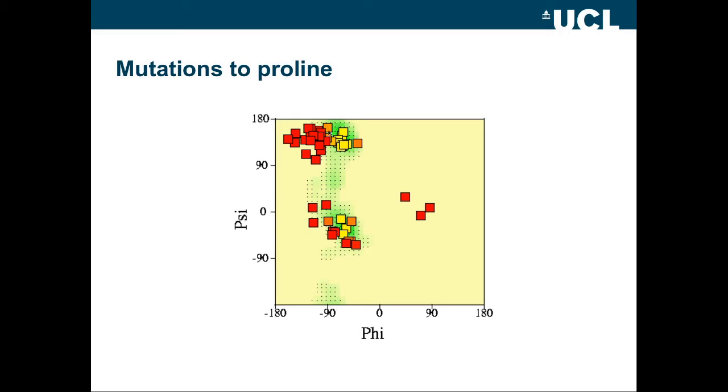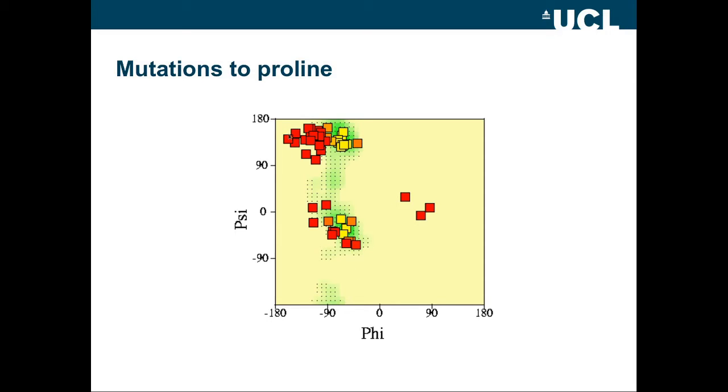Now these squares represent amino acids that are known to have been mutated to proline in P53 from cancer patients. The shaded region here is the region which is favourable for prolines.